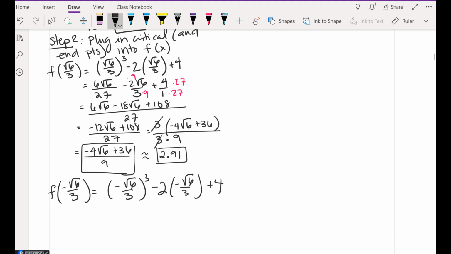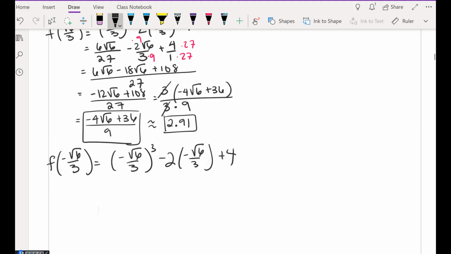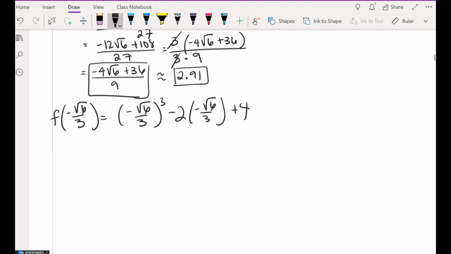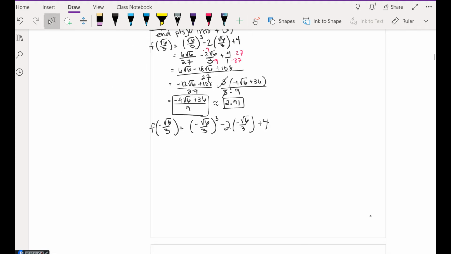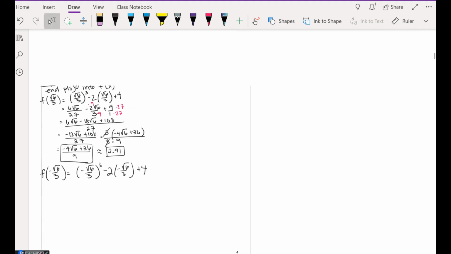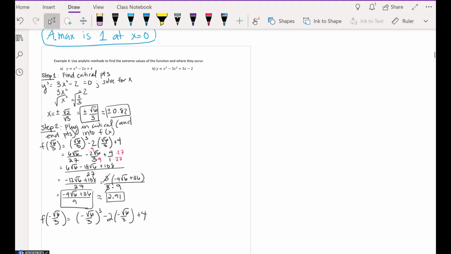You can talk to your shoulder partners. That's why I gave you the entire page, right? For this one example, there's lots and lots of basic math.